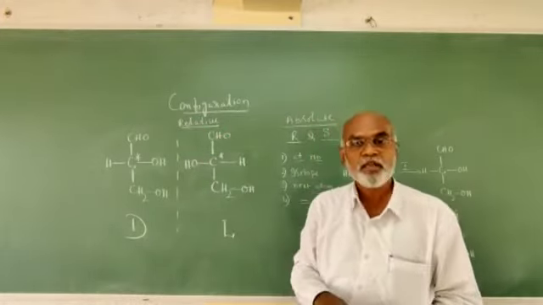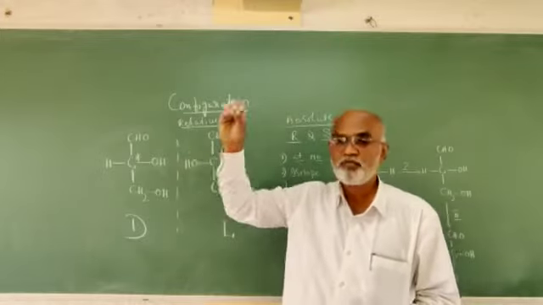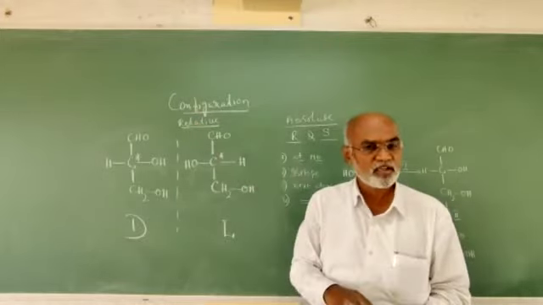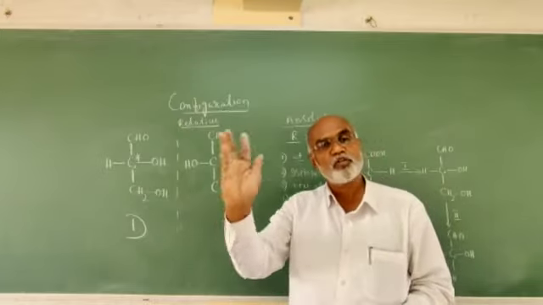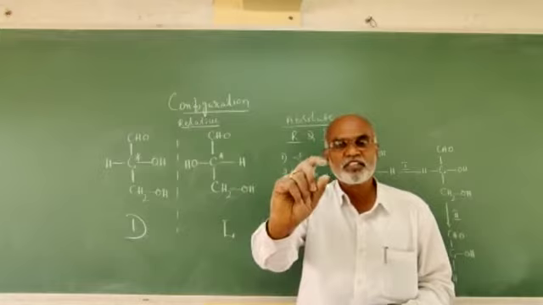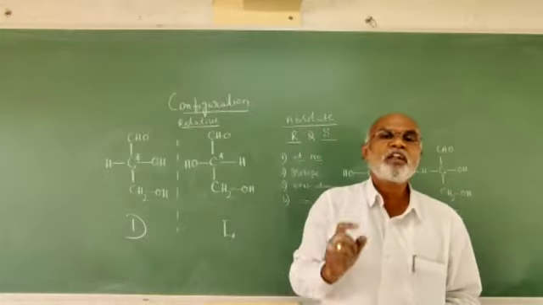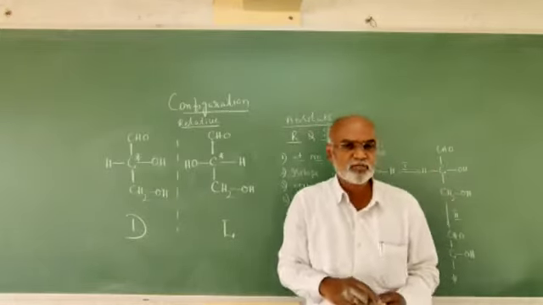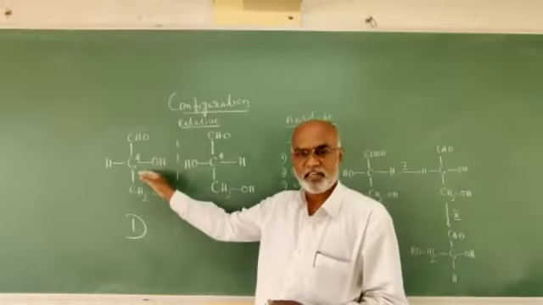I mean to say, the relative configuration is always decided by taking a molecule as a reference which is taken as a standard. One such standard reference molecule is glyceraldehyde.